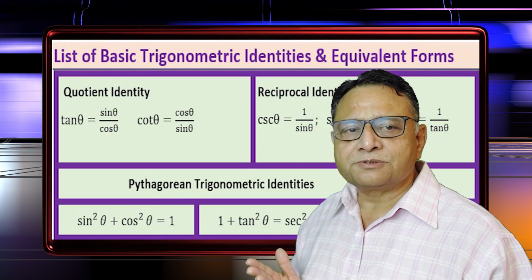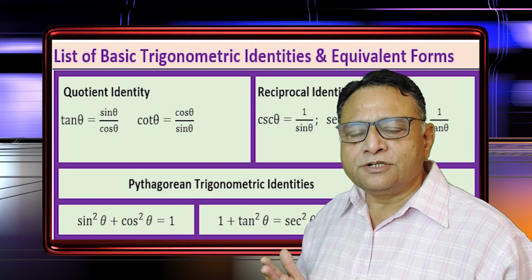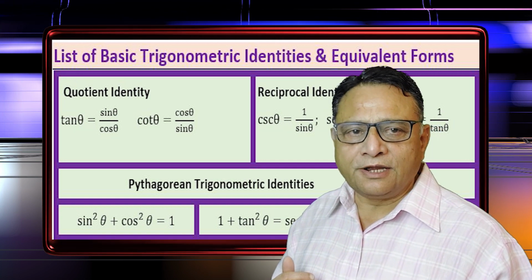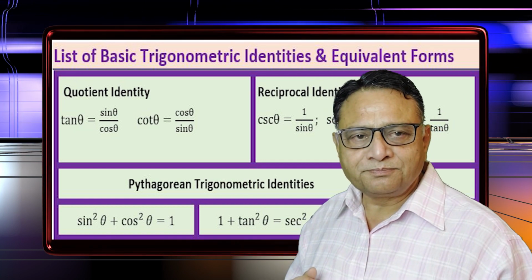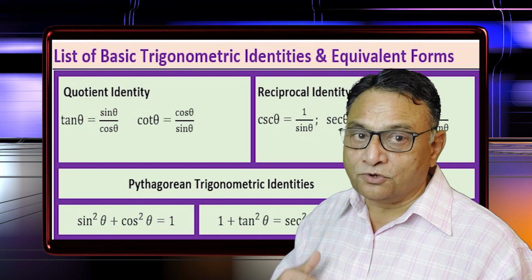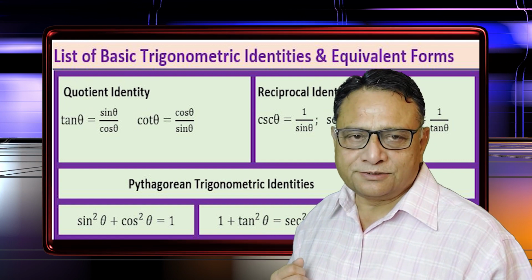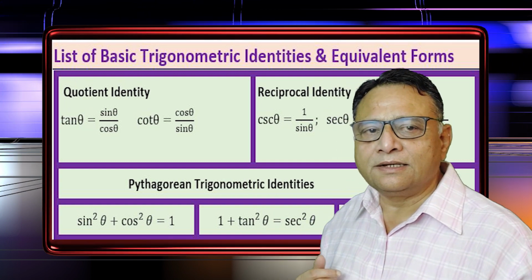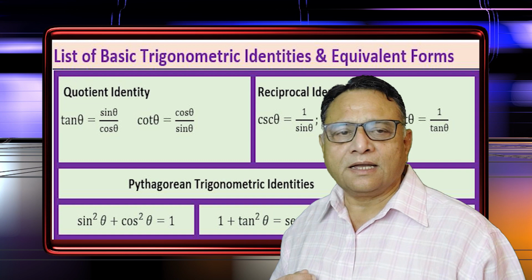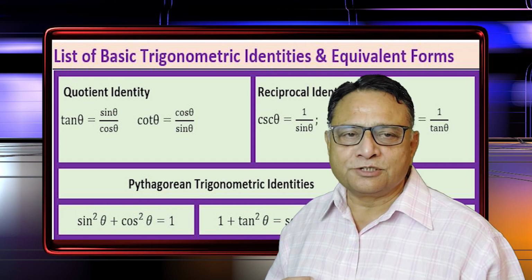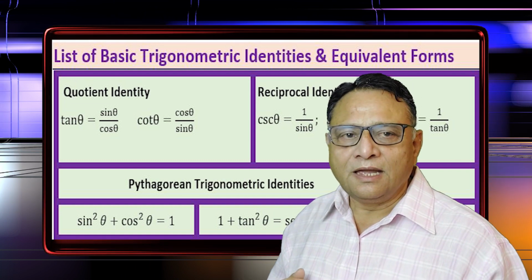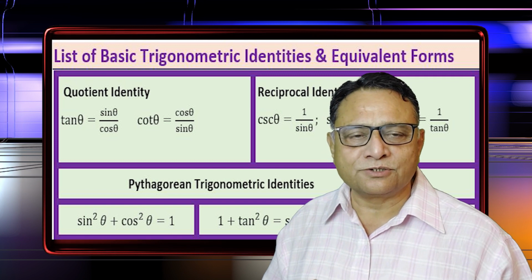First things first, as you know, tangent of an angle theta is the ratio of sine and cosine. Cotangent is the ratio of cosine and sine. So these are quotient identities. And then the reciprocal identities: reciprocal of sine is cosecant, reciprocal of cosine is secant, and reciprocal of tangent is cotangent.